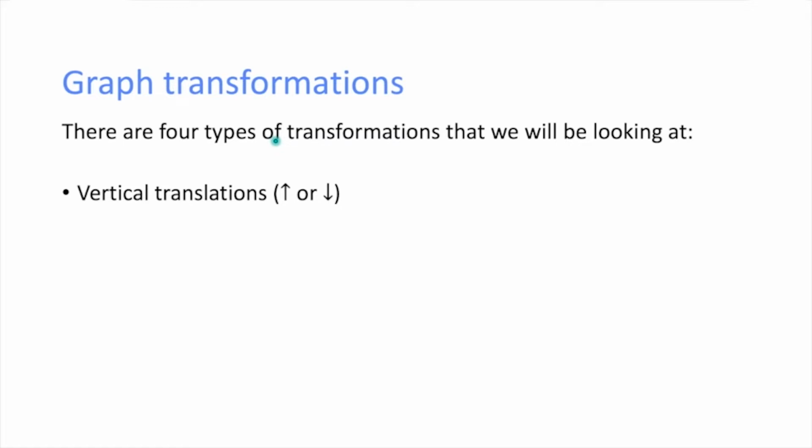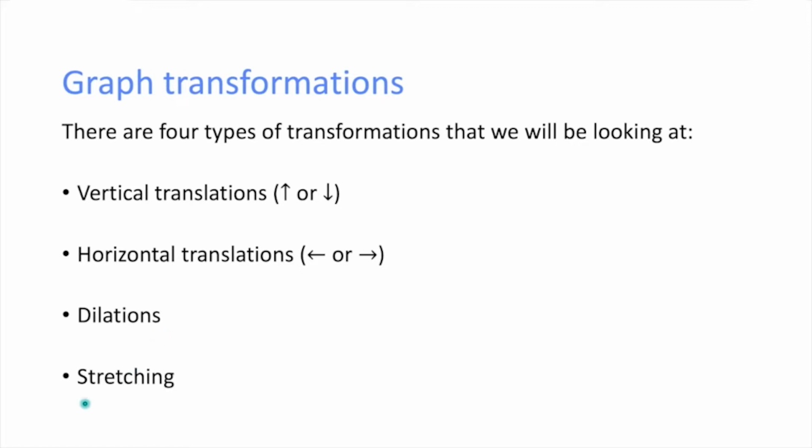So how do we move the graph up or down? The second is horizontal translations. So how do we move it left or right? The third is dilation. So how can we make the graph larger or smaller? And the last one is stretching. How can we make the graph wider or narrower?